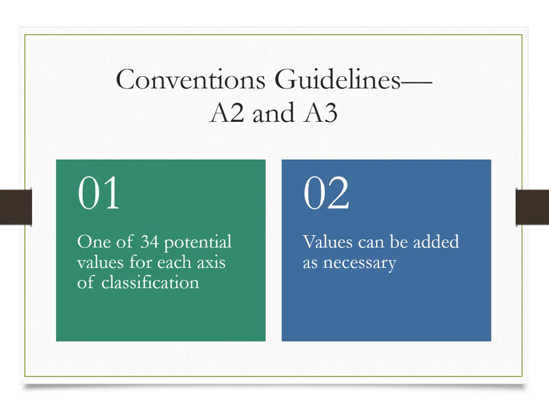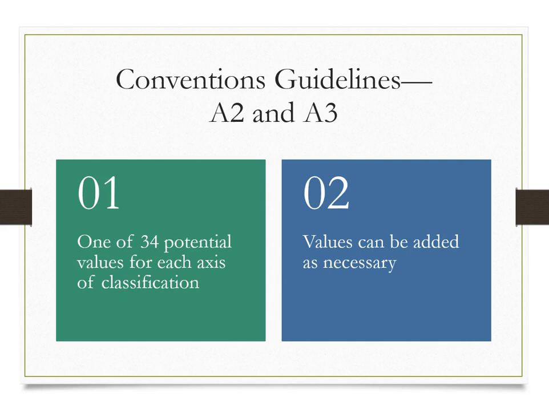Now, I mentioned that there were 34 potential values. Of note, those values are the numbers 0 through 9, and all of the letters of the alphabet with the exception of the letters I and O. I and O are not used because they can easily be confused with the numbers 1 and 0.